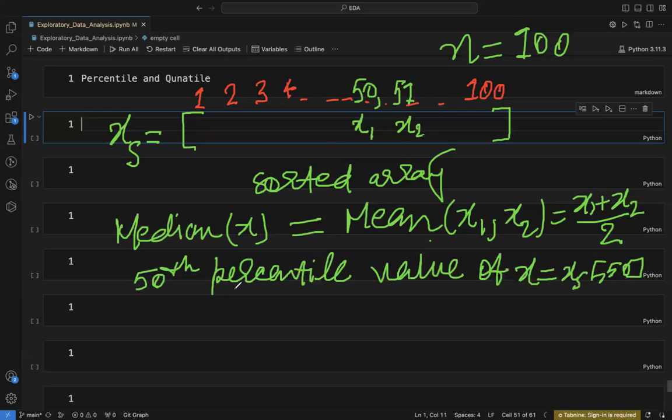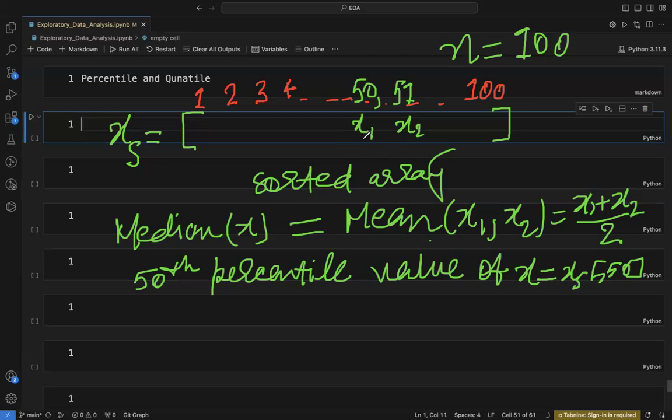Percentile basically says where you lie in a sorted list. Suppose I sort all of them. Since there are 100 objects, I can think of them like ranks.